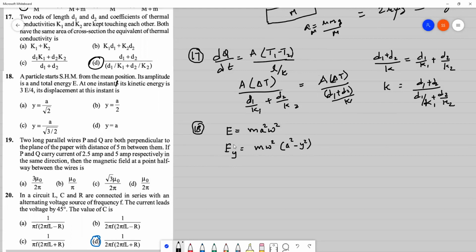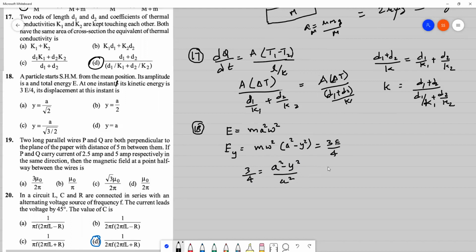So you divide this equation. In this they are going to be 3E by 4, and they are asking you what is the displacement? You can divide one equation by the other. So I get 3 by 4 is equal to m omega squared gets cancelled, a squared minus y squared by a squared.